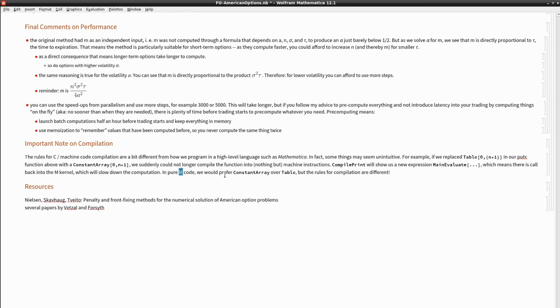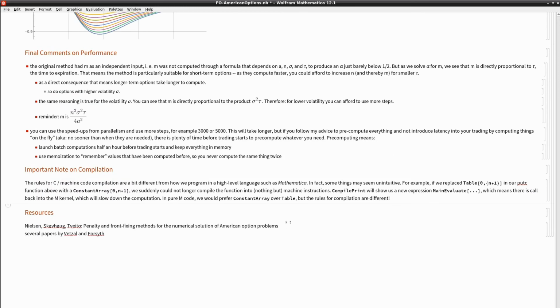In pure Mathematica code, we would prefer constant array over table, but the rules for compilation are different. Keep in mind that it may sometimes seem unintuitive, and even though we would prefer constant array in Mathematica code, we will want to have table when we compile it into C.